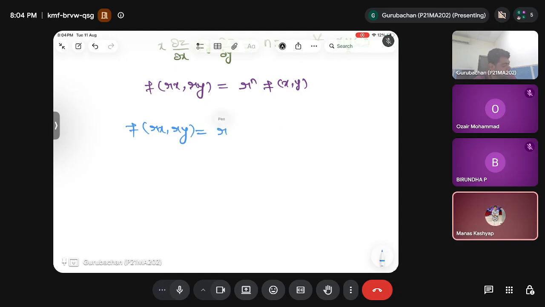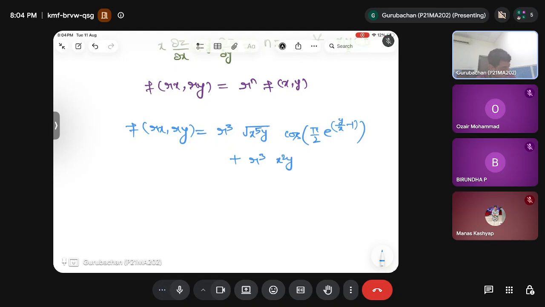The r cube comes out of the square root of x to the power 5 y, and this will be cos pi by 2 e to the power y by x minus 1 in the angle, plus again r cube times x square y sine pi by 3 e to the power x by y minus 1. So this will give you r cube of f(x, y).